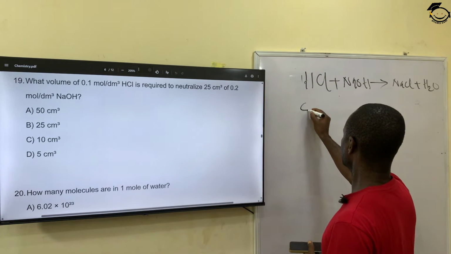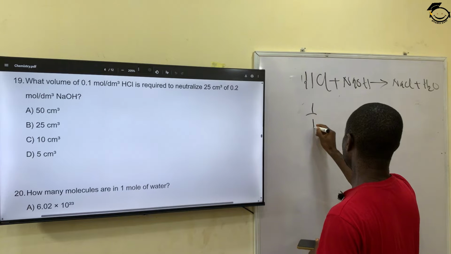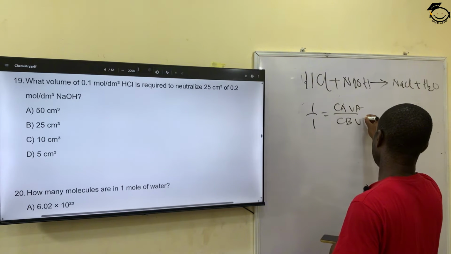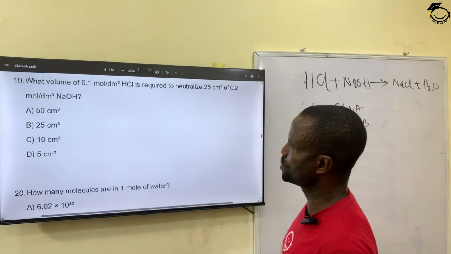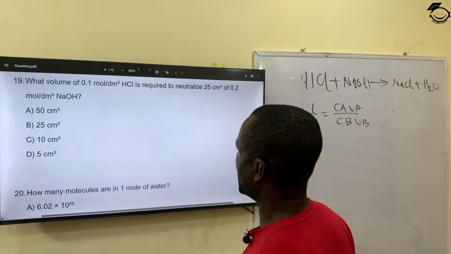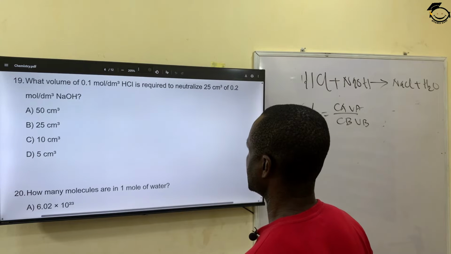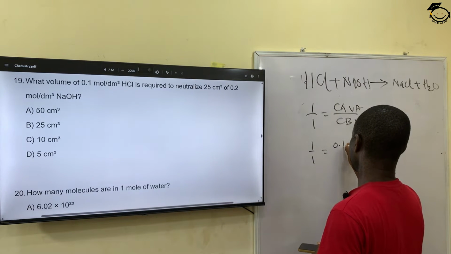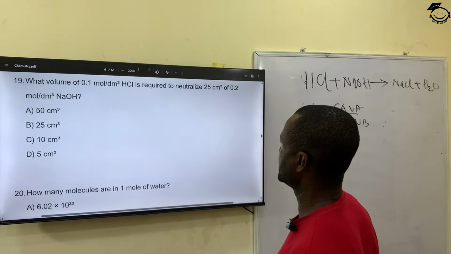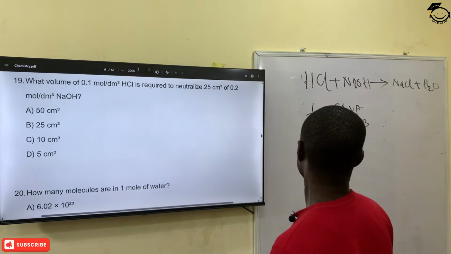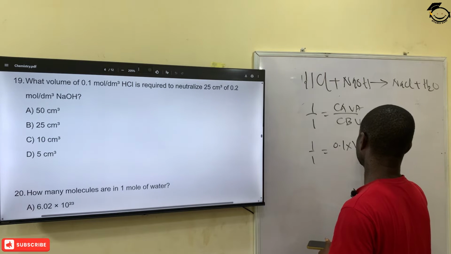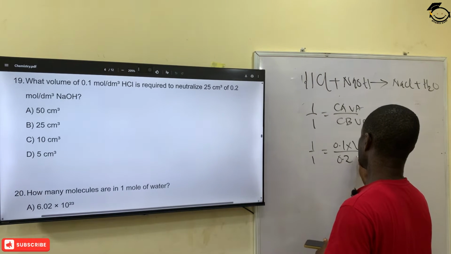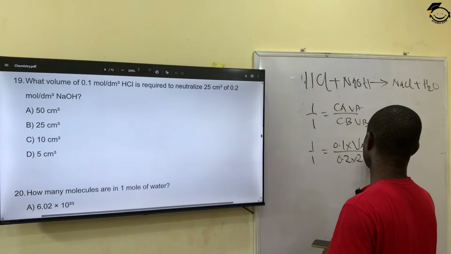So mole ratio gives you 1 over 1 equals CaVa over CbVb. So let's substitute the values. Concentration of acid is 0.1. So 1 over 1 equals 0.1 times volume of acid, which is unknown, Va, all over concentration of the base, 0.2 times volume of the base, which is 25.